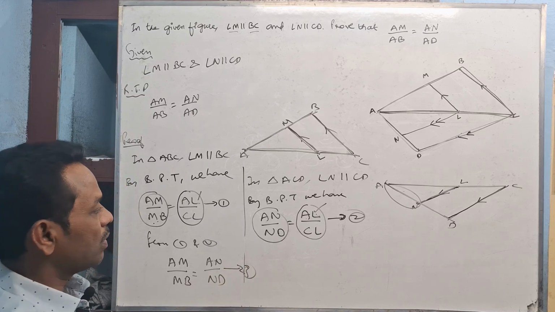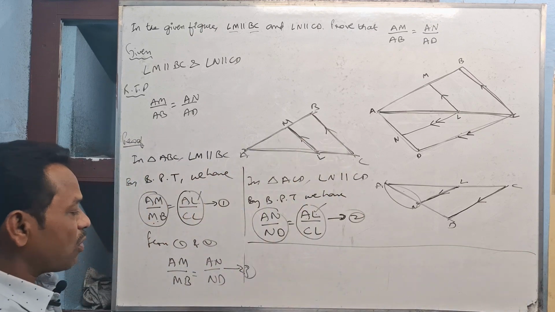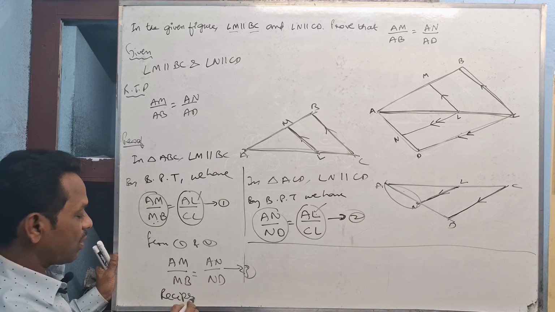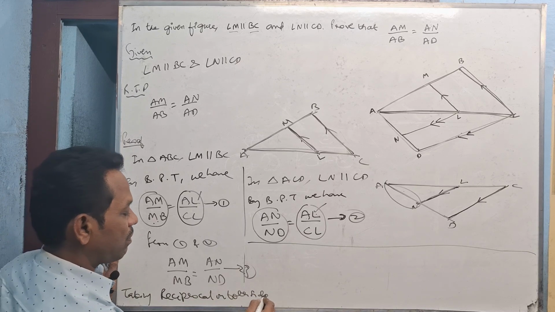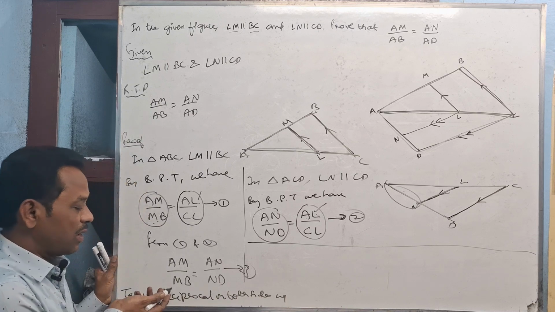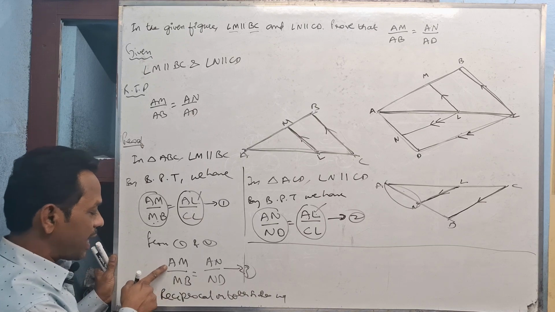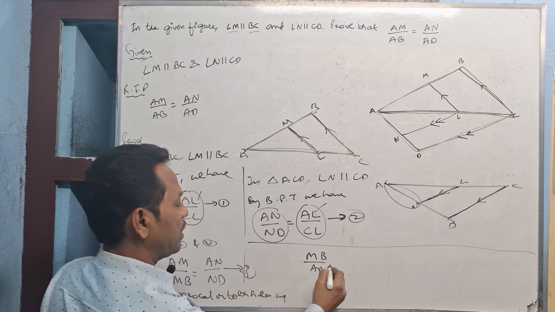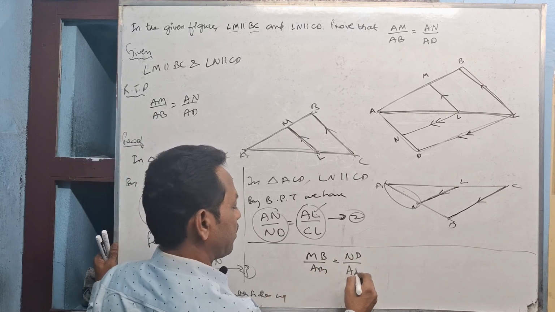Now, in the next step, let me take reciprocals of 3, on both sides. Reciprocal in the sense that you change the denominator to numerator and numerator to denominator. So AM by MB becomes MB by AM equal to ND by AN.